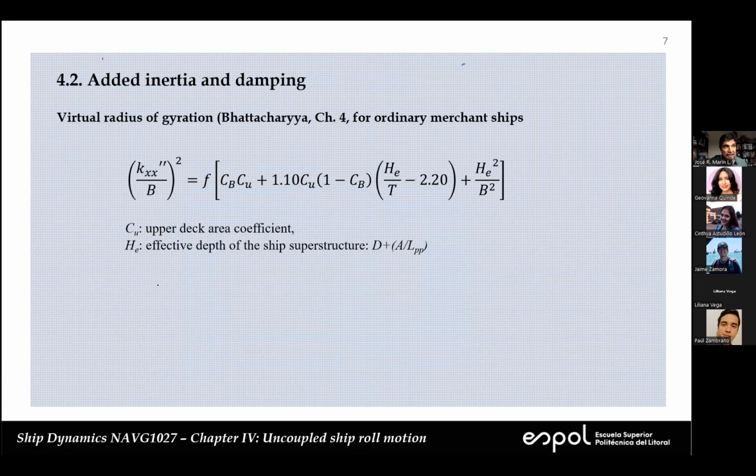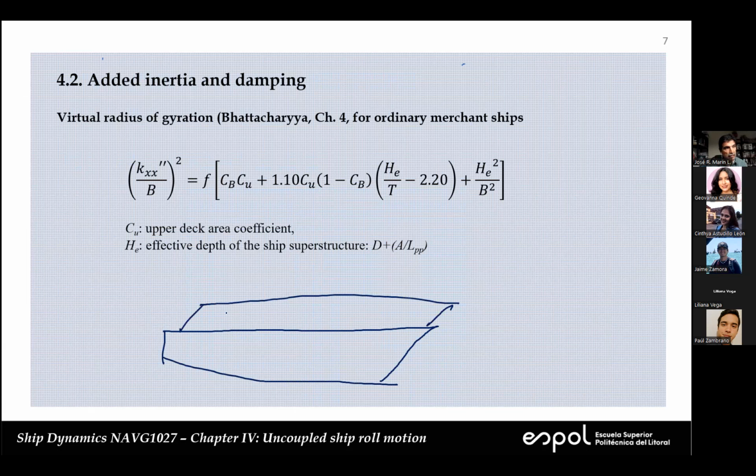This is very important, for example, with passenger ships, because usually in passenger ships you have many decks. So let me do a small sketch here. Let's suppose we have something like this, and here I have another deck, and another deck, something like that. Let's suppose that the flotation is about here.